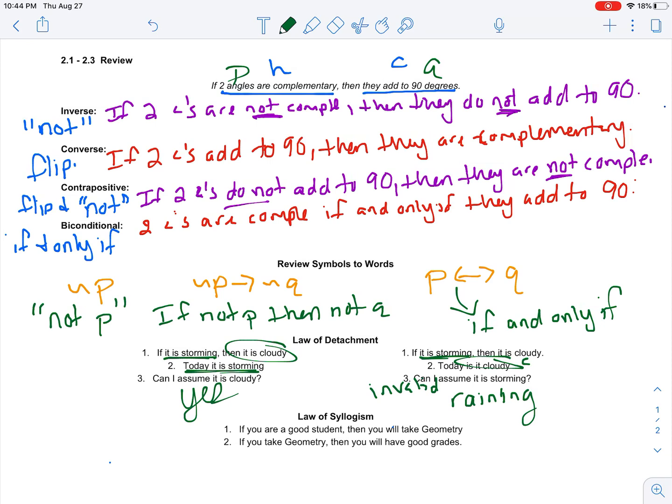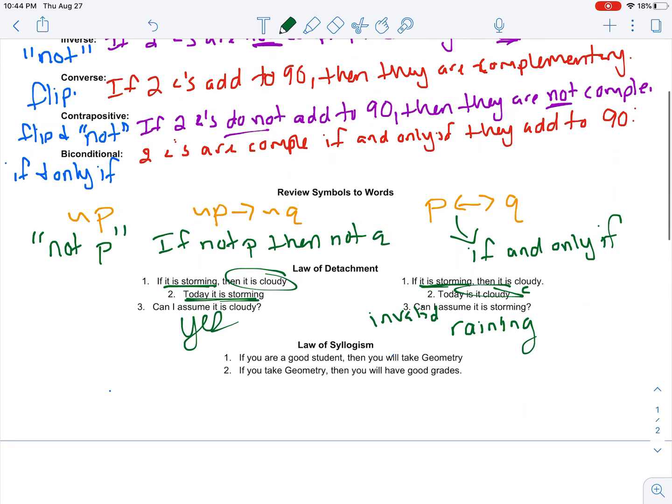Law of syllogism is a little bit different. With law of syllogism, we're given two if-then statements and then we come up with a third if-then statement for our conclusion. So for this example, if you are a good student, then you will take geometry. If you take geometry, then you will have good grades.